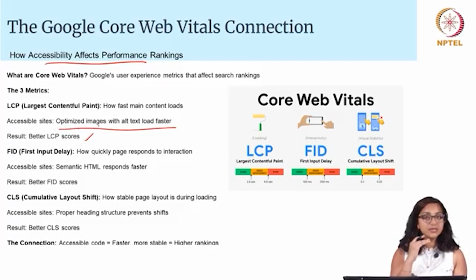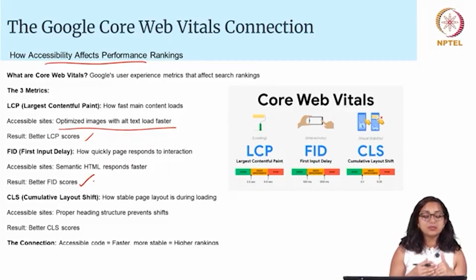The second metric is FID, which is first input delay: how quickly the page responds to interaction. If your site is accessible, then the semantic HTML is already in place, which means it is more responsive. Thus, it will result in better FID scores.